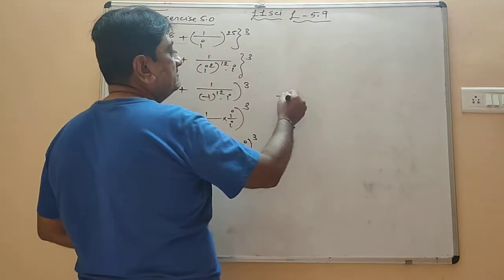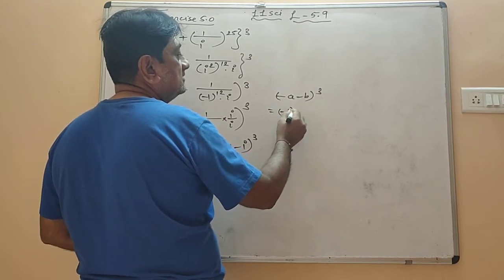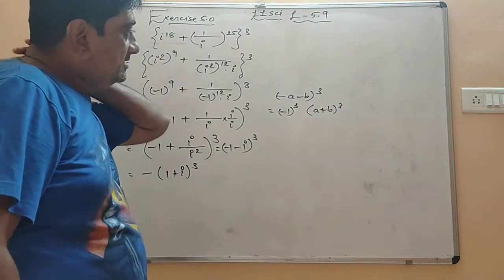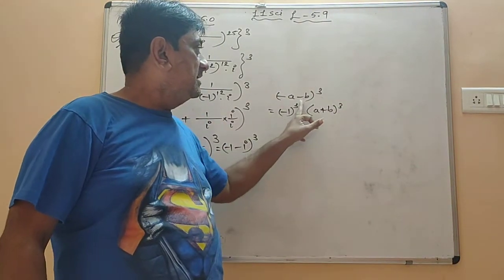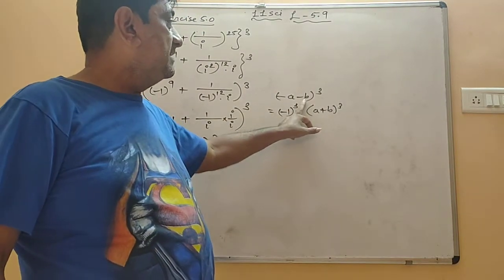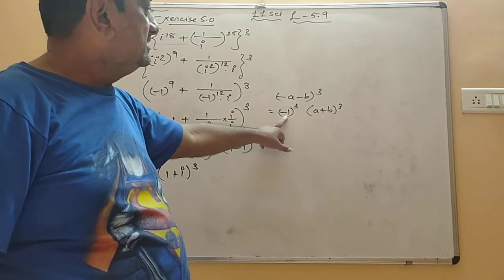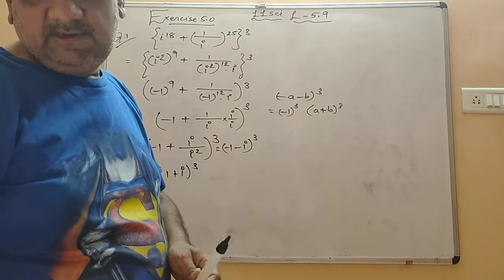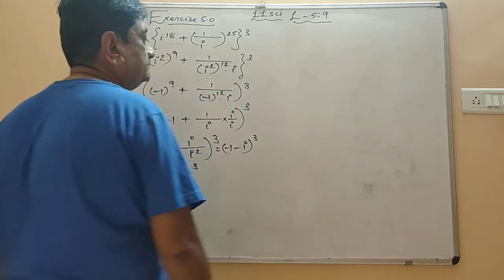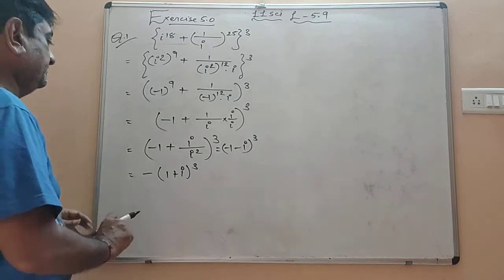It is like this, minus a minus b cube. तो माइनस कॉमन तो उसका क्यूब आ जाएगा और a plus b cube. तो -1 का क्यूब is -1. But if it is minus a minus b the whole square, then you take minus common, then -1 का स्क्वायर हो जाएगा and square of -1 is +1. So 1 plus i the whole cube.